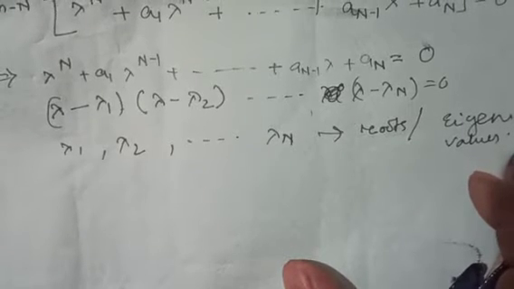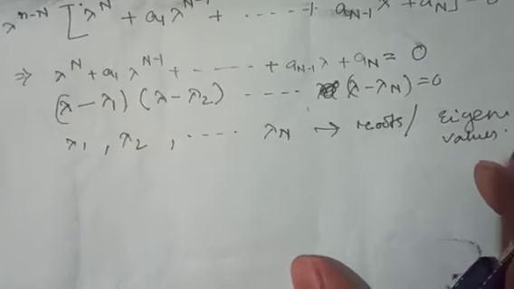Now, if the roots lambda 1, lambda 2, up to lambda n are distinct, then it has n solutions. And what will be the solutions?